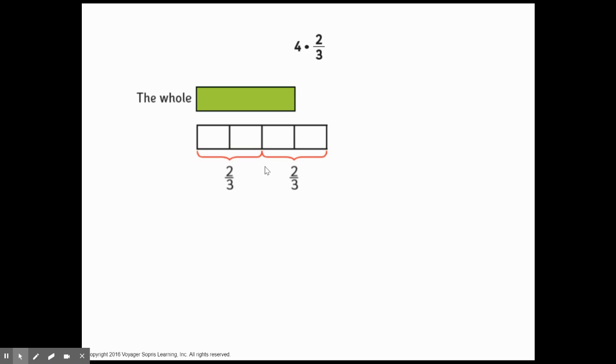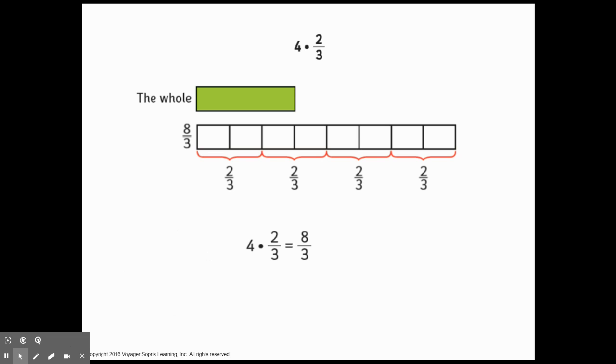Here is 1 time, 2 times, 3 times, and 4 times. So 4 times 2/3 is equal to 8/3.